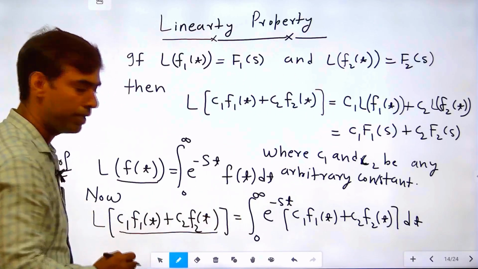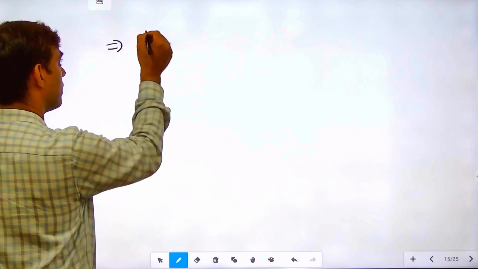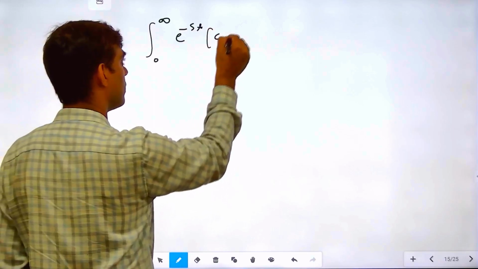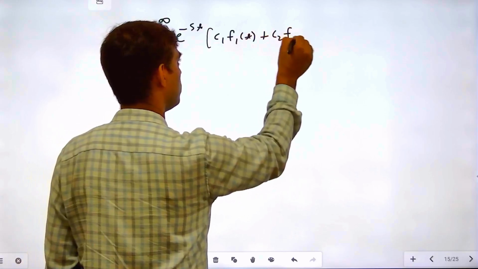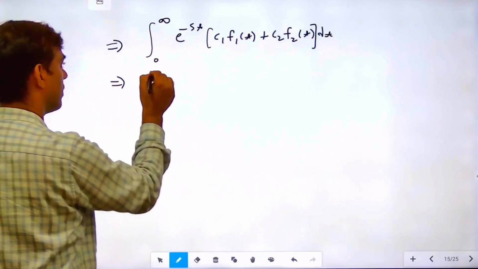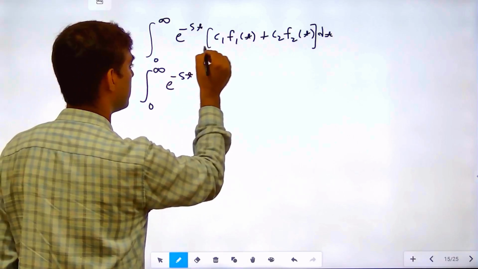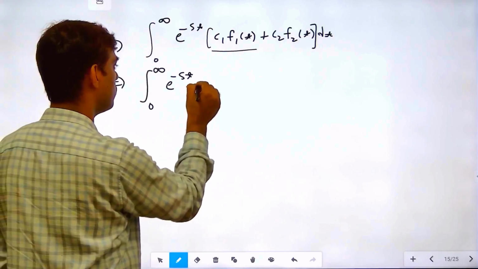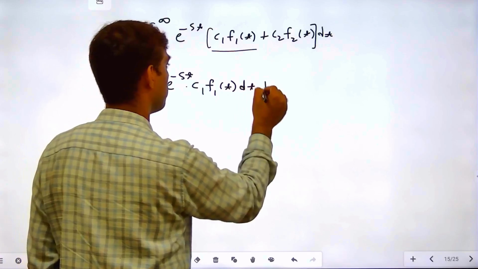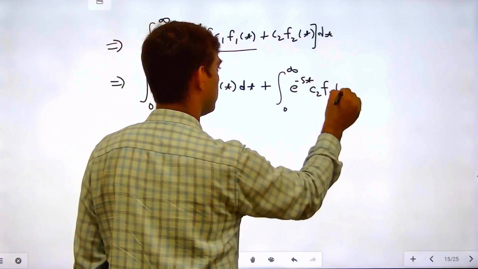Now again using the property of a definite integral, we write the integral from 0 to infinity of e to the power minus st times c1 f1(t), plus the integral from 0 to infinity of e to the power minus st times c2 f2(t) dt.